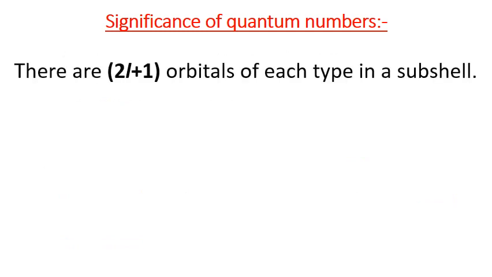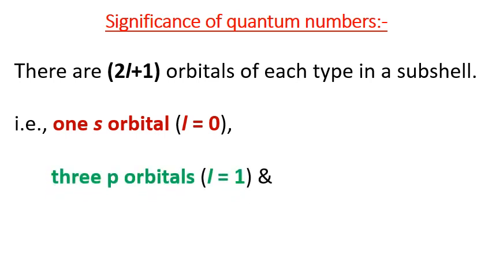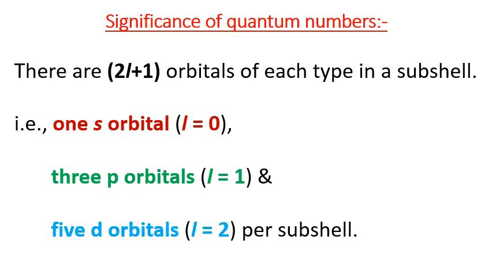There are 2l plus 1 orbitals of each type in a subshell. That is, for 1s orbital l is equal to 0, for 3p orbitals l is equal to 1, and for 5d orbitals l is equal to 2.